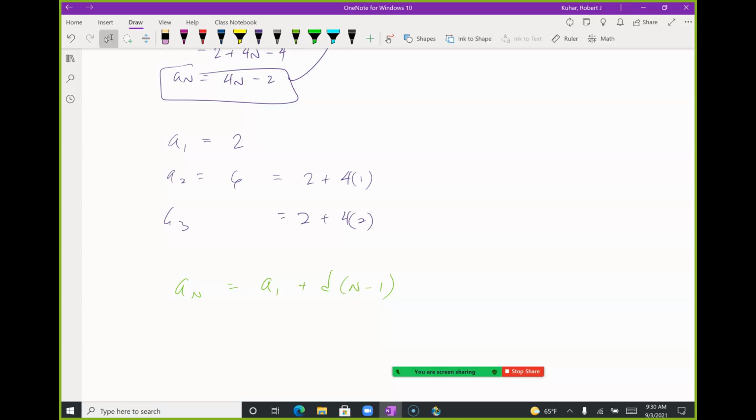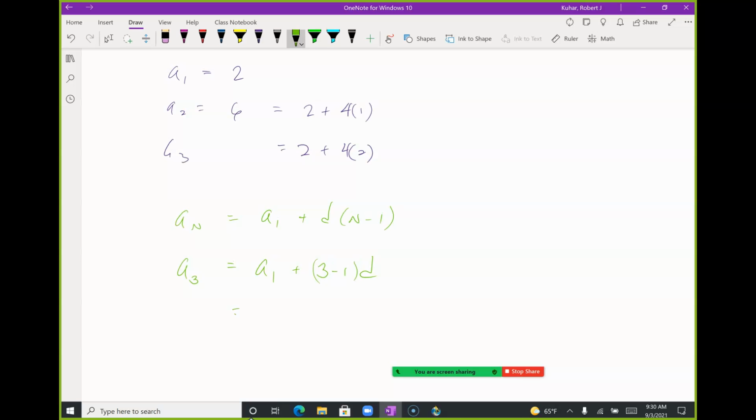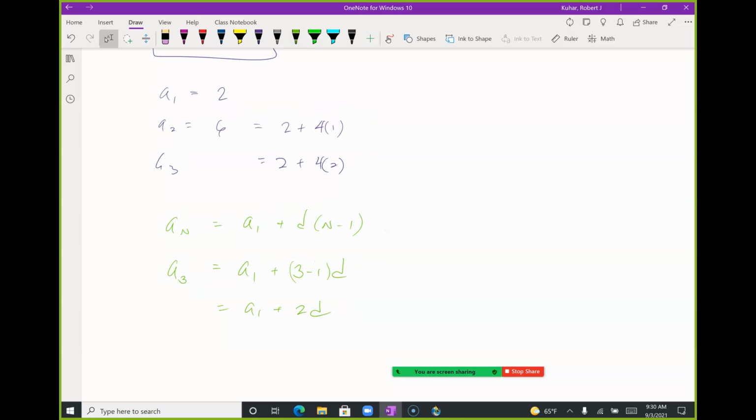But if you think about it, if I say a sub 3, look at what I get. I get a sub 1 plus 3 minus 1 times that d, so I get a sub 1 plus 2d. What is that?